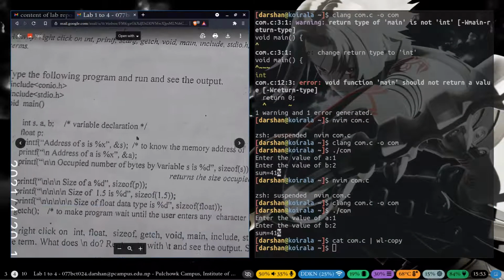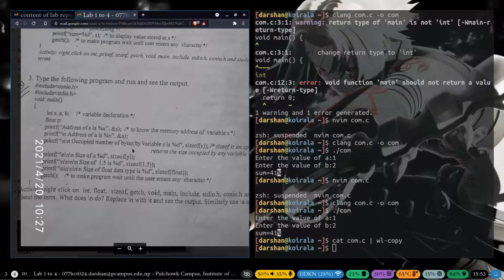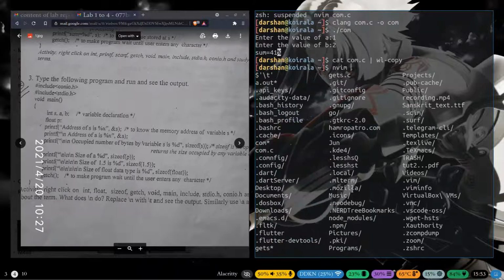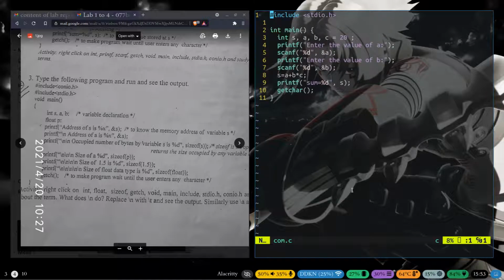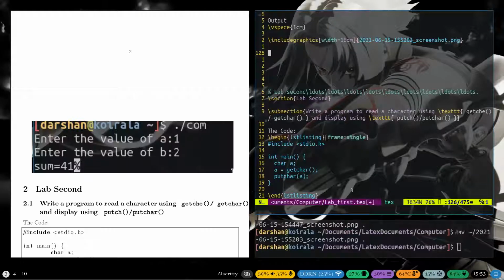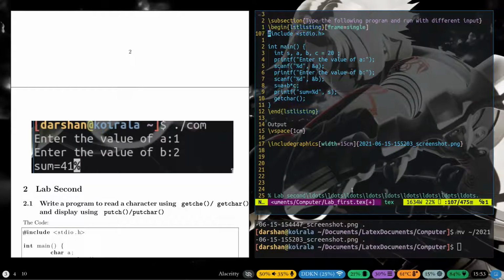Third one. Again the same kind of problem, which I hate. Type the following program and see the output. nvim com.c. Just erase this thing here. The thing that I have to modify here, because it is not regarding the syllabus, because the syllabus is not updated.